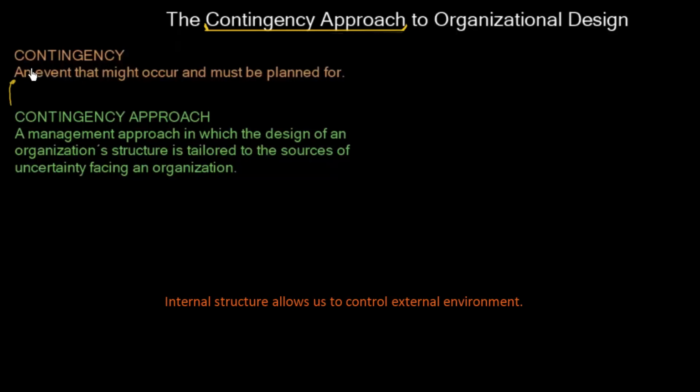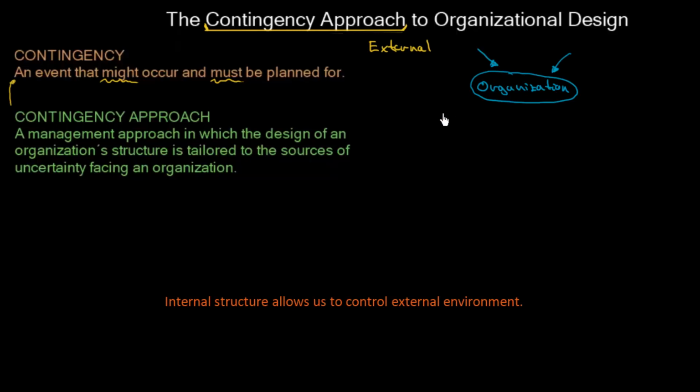So, contingency is an event that might occur and must be planned for. So let's say that we have some external forces or external factors that are outside our organization. If we have our organization, now we have some outside forces that are around us, and we have to face them.